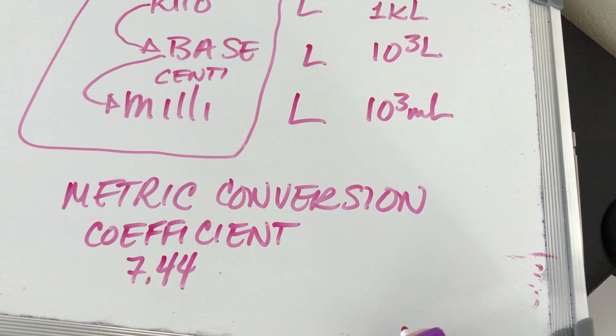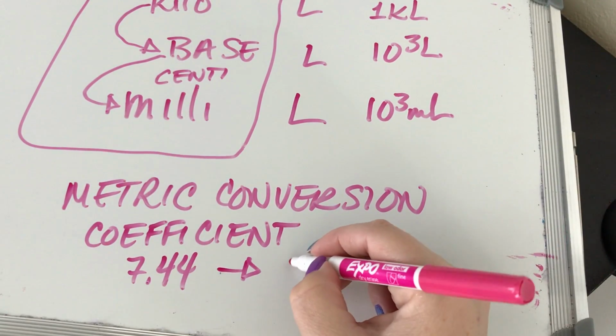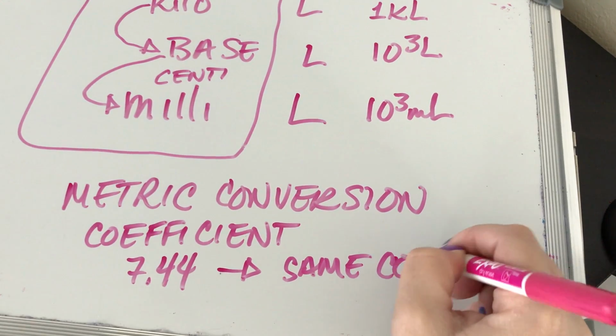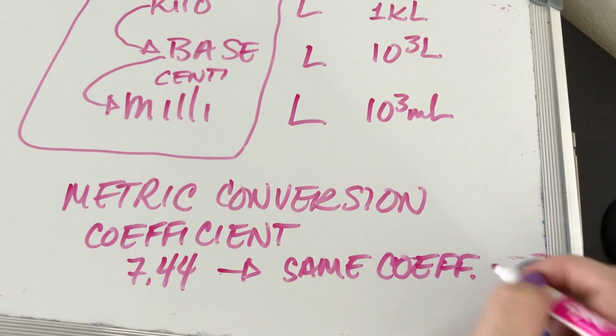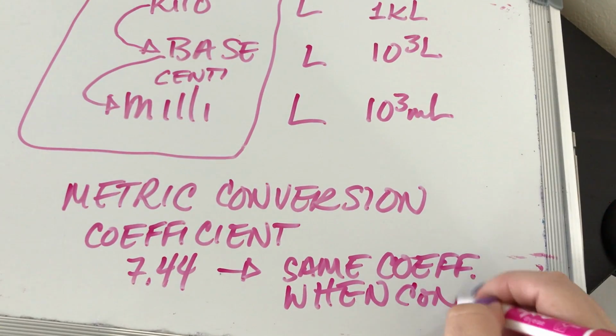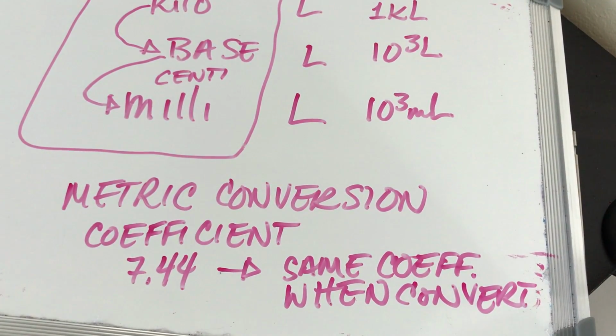Whatever your coefficient is when you start, it's going to be the same coefficient when you convert. So the only thing that's changing in metric conversions, as long as it's only metric conversions, is the power of 10. Does that help, Gabriella?